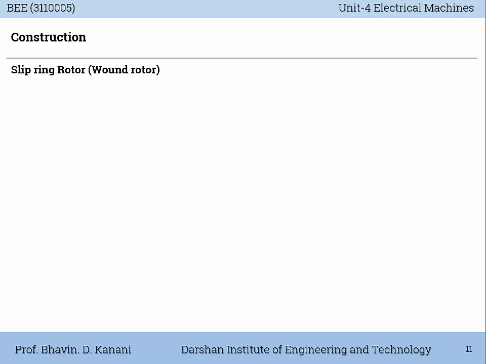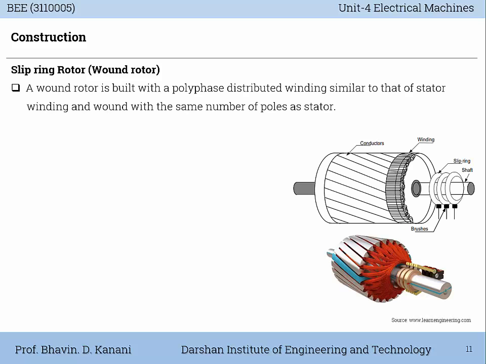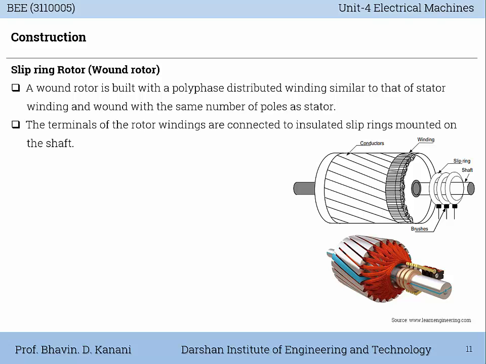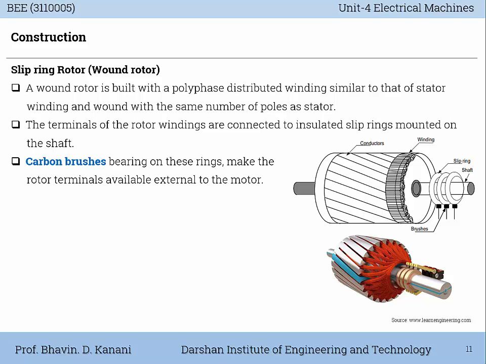Next is slip ring rotor or wound rotor. A wound rotor is built with a polyphase distributed winding similar to that of stator winding and wound with the same number of poles as stator. The terminals of rotor windings are connected to insulated slip rings mounted on the shaft.